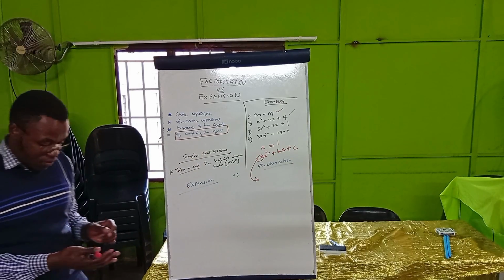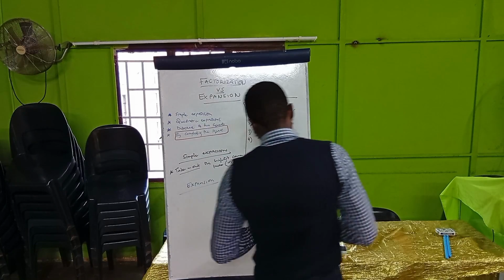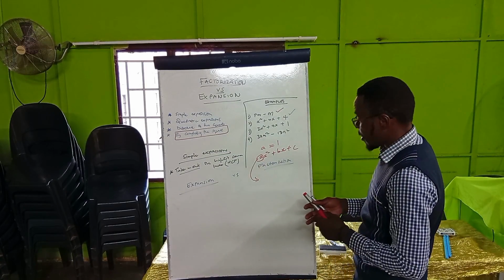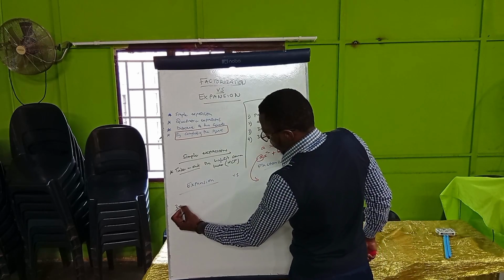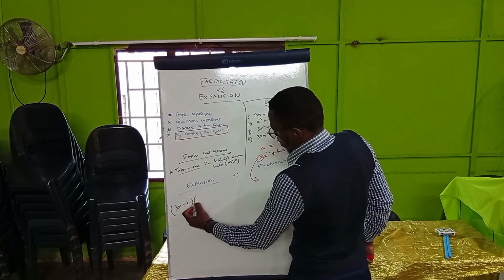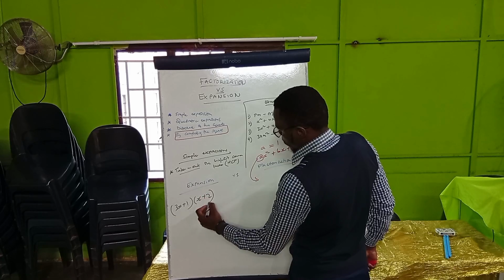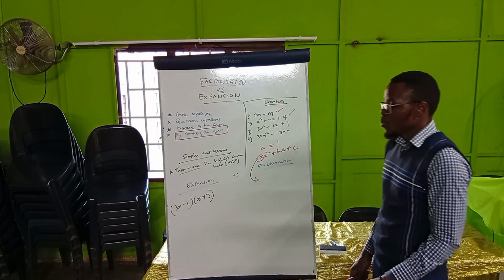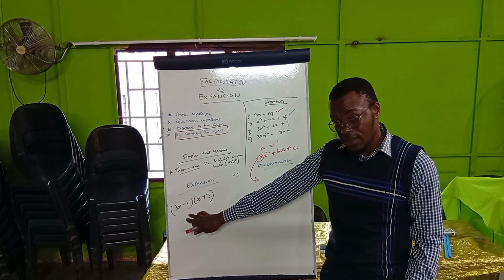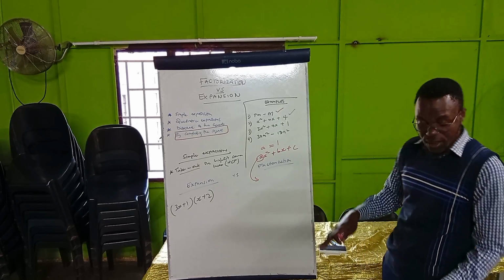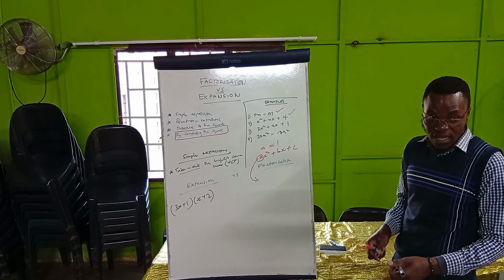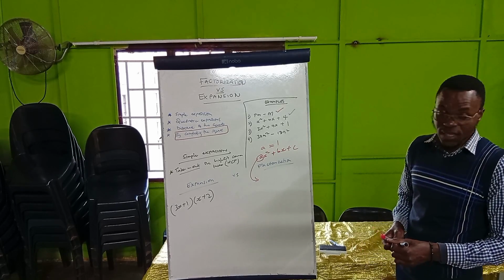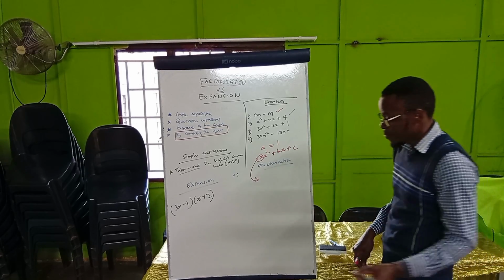But now I want to show a case with different values and where the value of a is greater than 1. So let's say we've got 3x plus 1 and x plus 2. I'll demonstrate how you expand this to get the quadratic expression, and then I'll also show you the reverse, which will be the factorization to get back to that value.